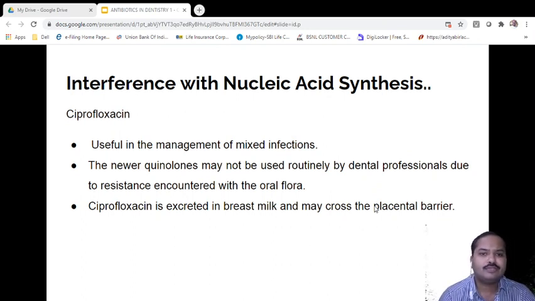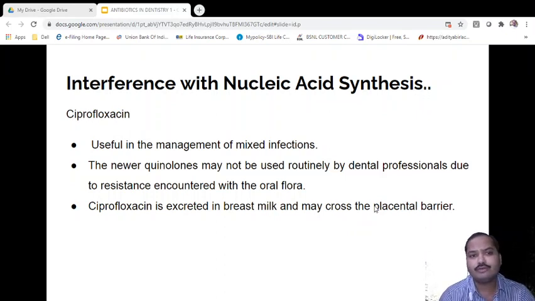Then we come to ciprofloxacin, talking more about the drug. They are useful in the management of mixed infections where Pseudomonas, gram-negative organisms, and gram-positive ones are all present.